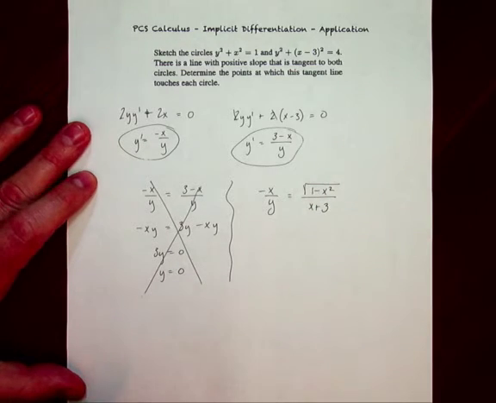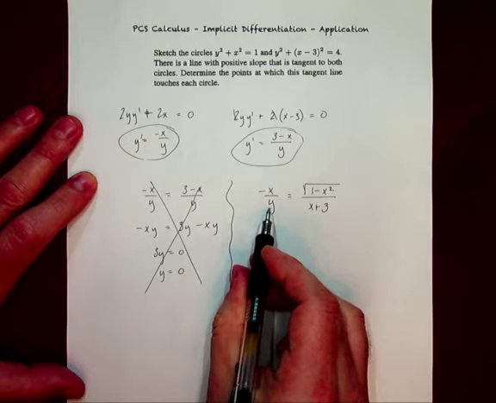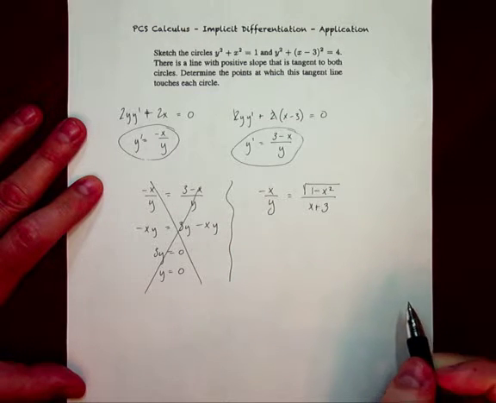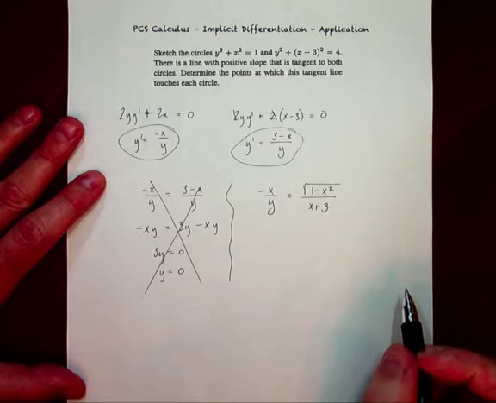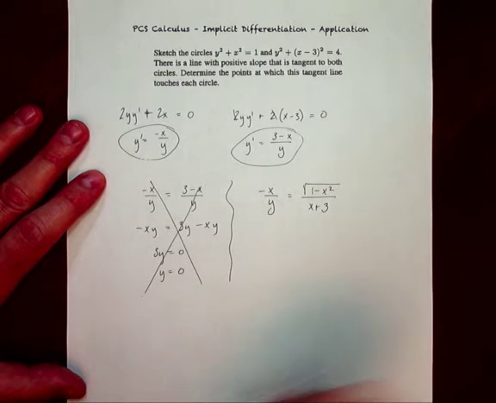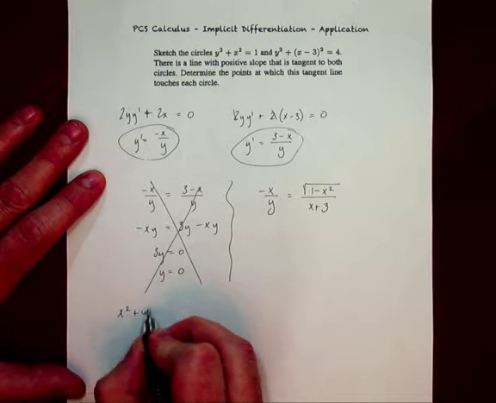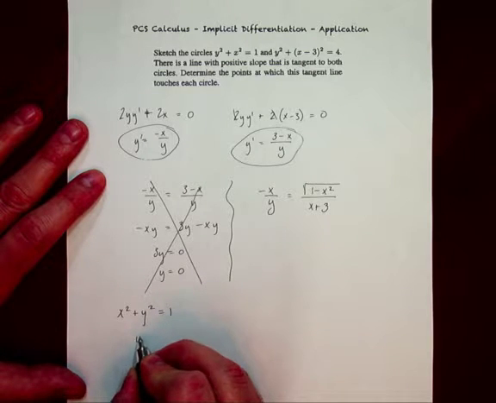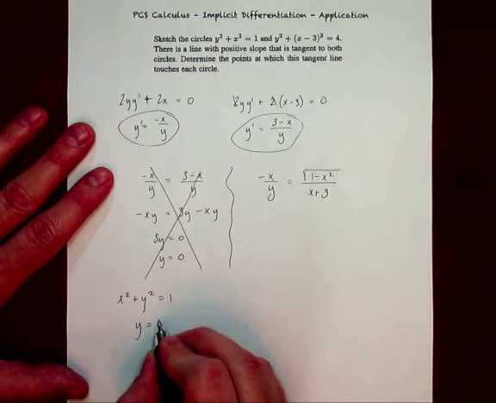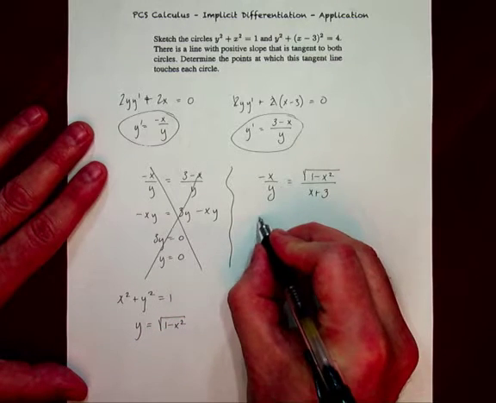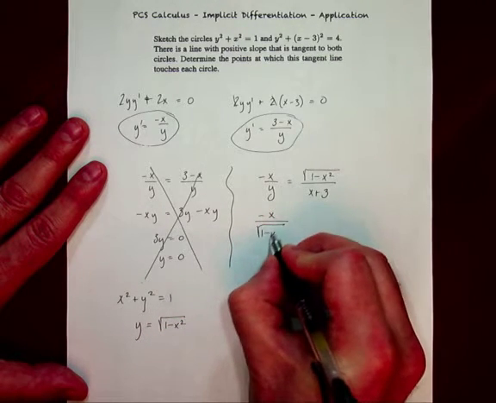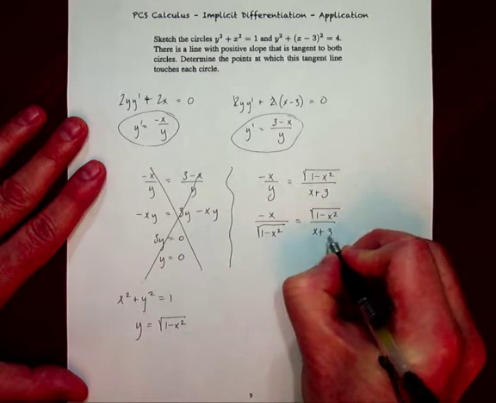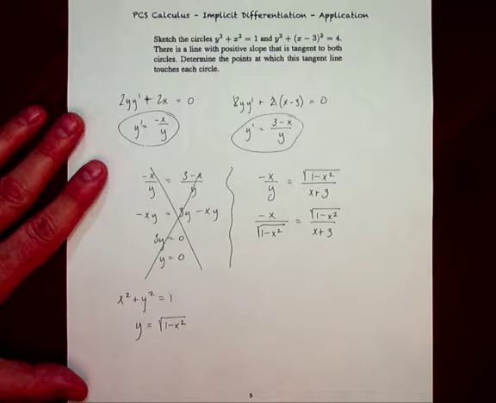But I still have a problem: I still have this y right here. That's really not a problem, because I'm dealing with the top half, and therefore x squared plus y squared is equal to 1. Since we're dealing with the top semicircle, that is synonymous with y is equal to the square root of 1 minus x squared. So what I have is -x over the square root of 1 minus x squared, and now that is a proportion that I can solve.